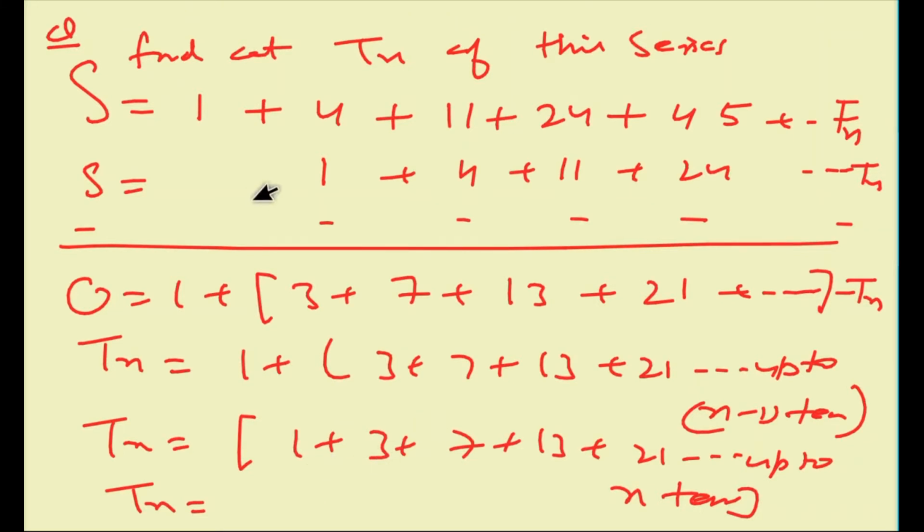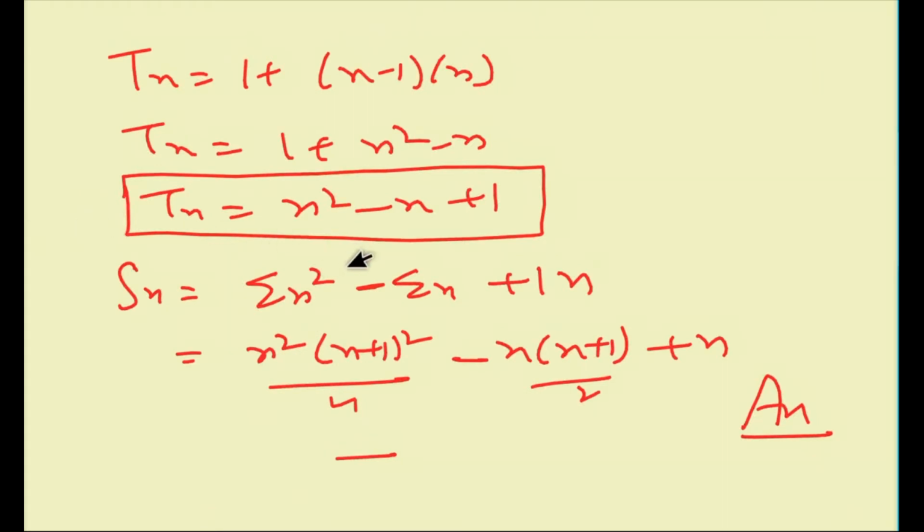In the previous question we already solved how to find it: first find the Tn of this series and then find the sum of the series. So you can see in the previous examples, first find Tn, then the sum of this Tn. So we can solve this question again.